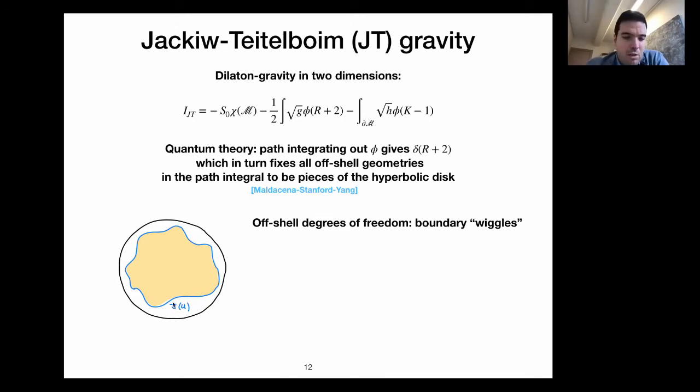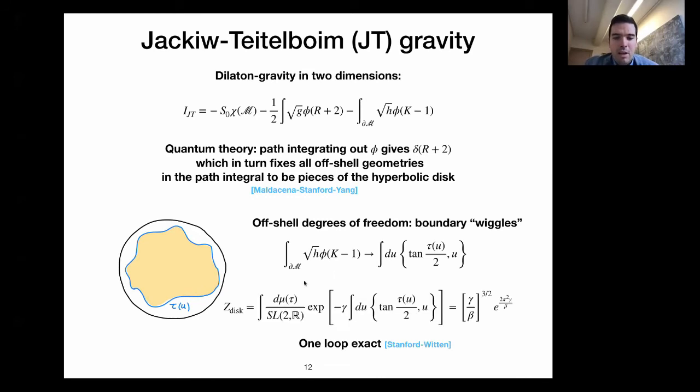Okay, so there's now a one-dimensional degree of freedom that parameterizes these wiggles, and after you have integrated out the dilaton, the action you get is a boundary action, and it's a simple action. It's the Schwarzian derivative of this function, basically. And why is this nice? Because in addition to the simplification of reducing the theory to basically one dimension, you can also exactly do the path integral of this theory.